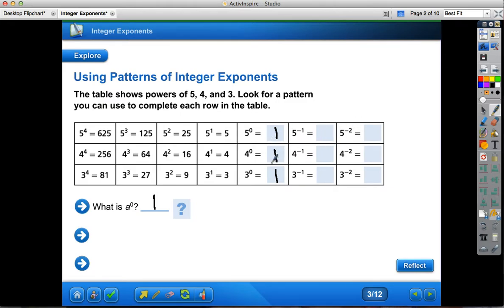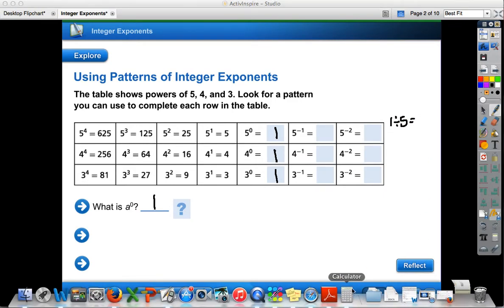So now let's take it a step further. Now we've gone from 5 to the 0 power to 5 to the negative first power. So now, if we're following the pattern of dividing every time, if I do 1 divided by 5, I know I can even do this on a calculator.